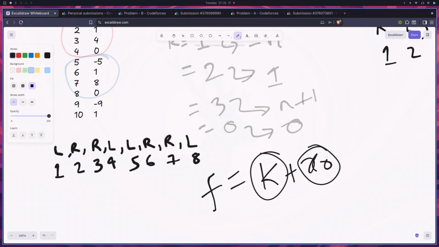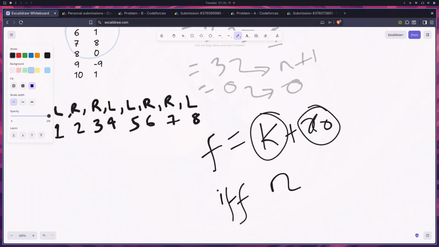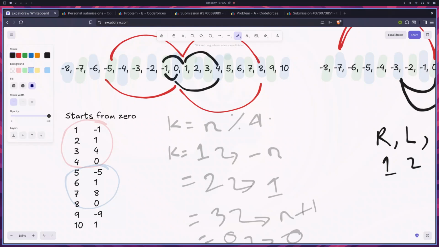This is valid if and only if the initial position x naught is even, because this pattern for which we have derived the k is for even x naughts only. This is for the even initial position.